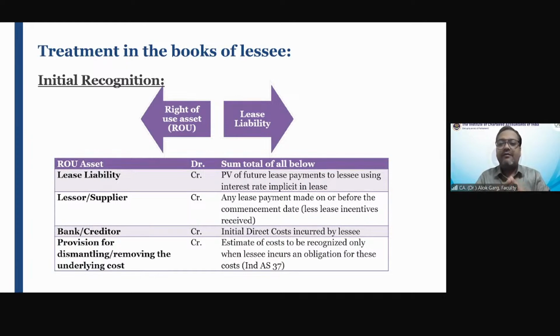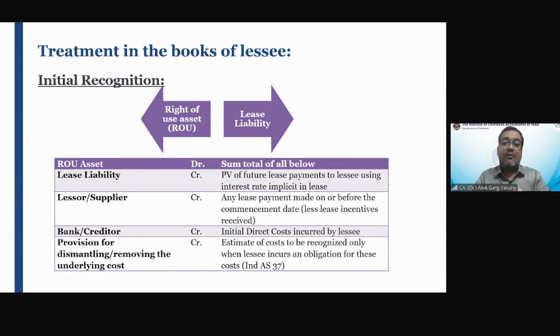But what is the value of right of use asset? Right of use asset is equal to present value of future lease payment, present value of lease liability. You need to compute the lease liability first, right? And what is the lease liability? Lease liability is equal to present value of future lease payments, right?